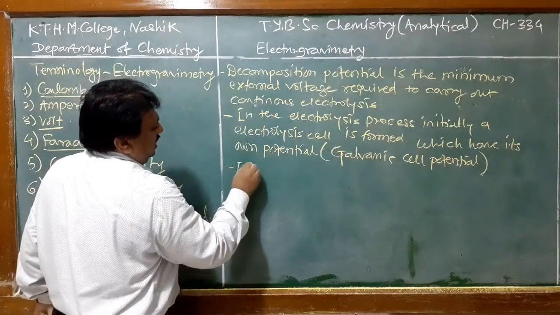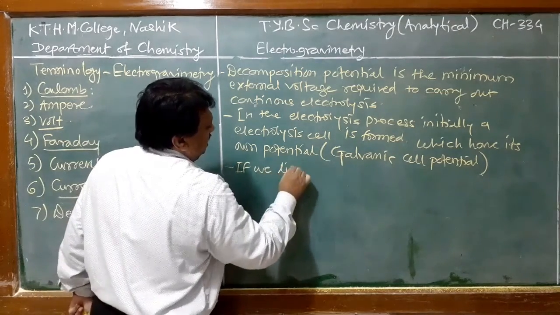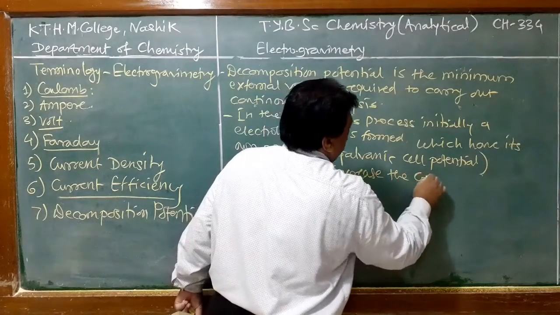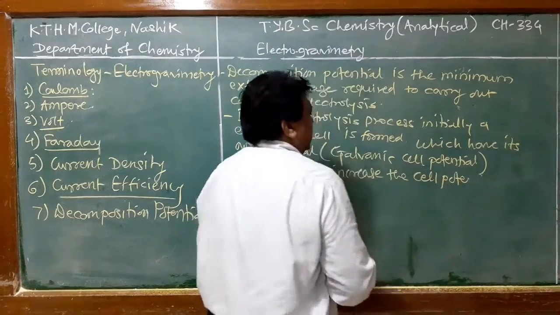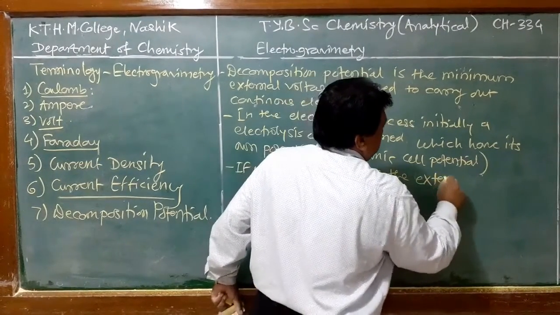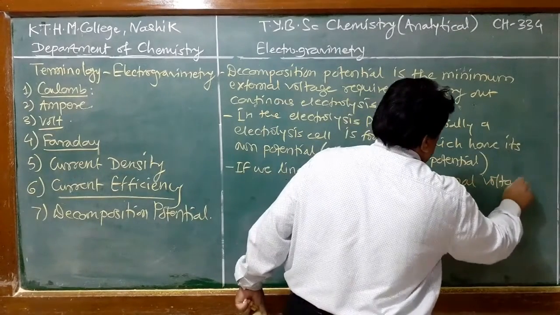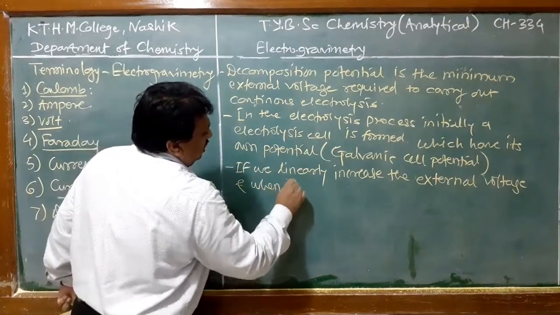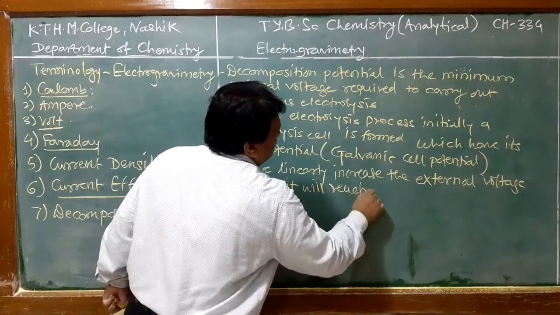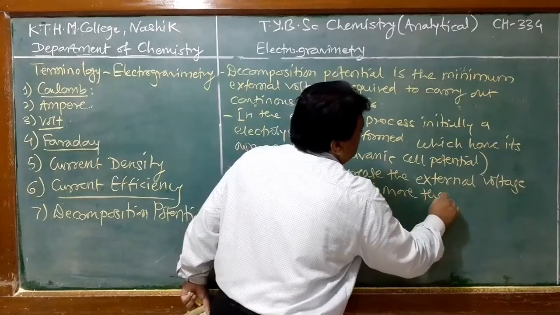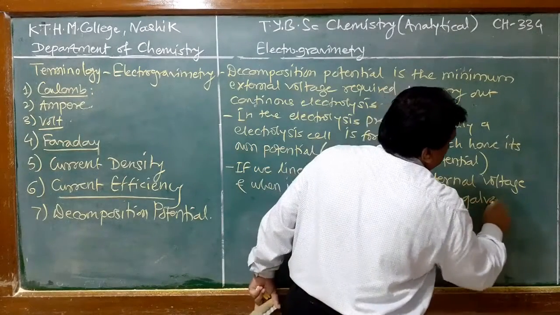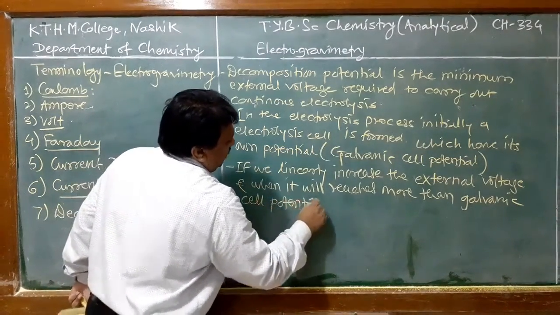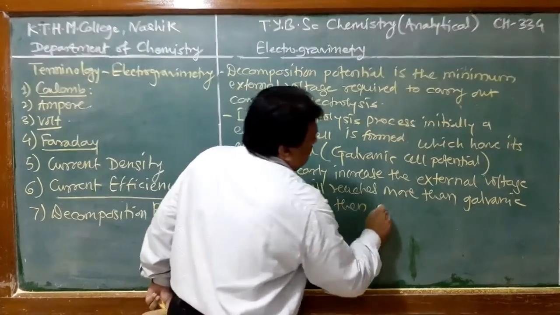If we linearly increase the external cell potential, the external voltage, and when it reaches more than the galvanic cell potential, then electrolysis starts.